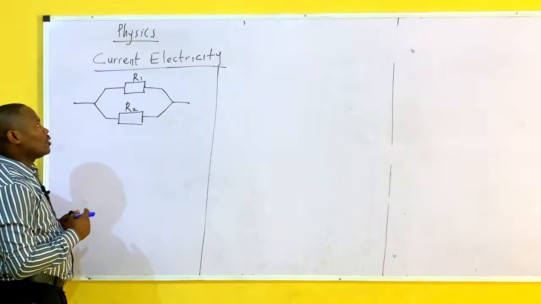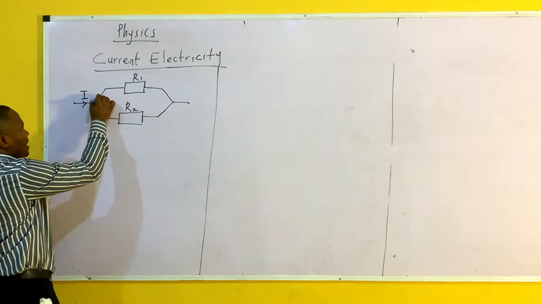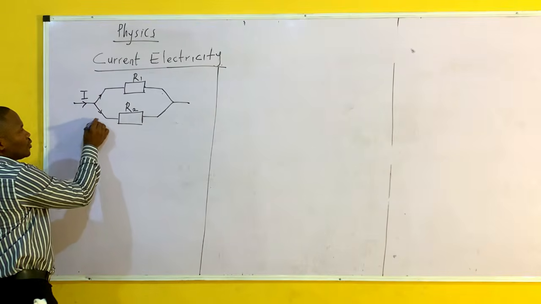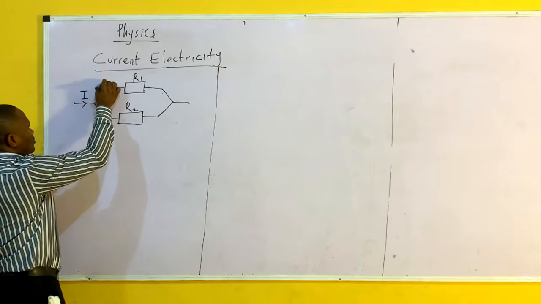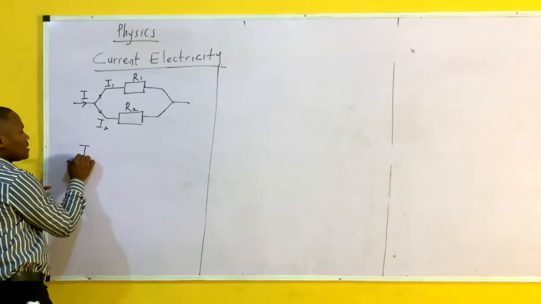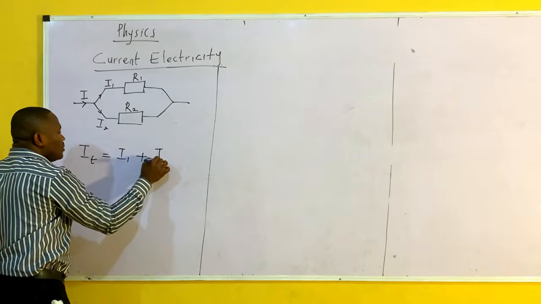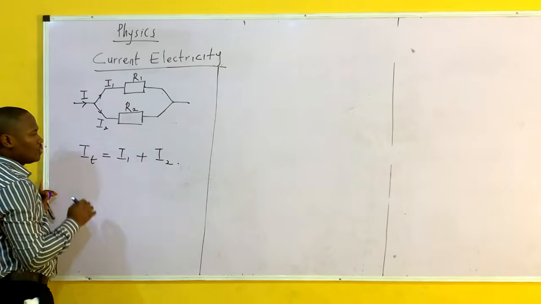Now this is a case of parallel connection. The current coming here gets here and it divides. So this current will be I2 while this will be I1. So our total current is equal to I1 plus I2. Now look at this.